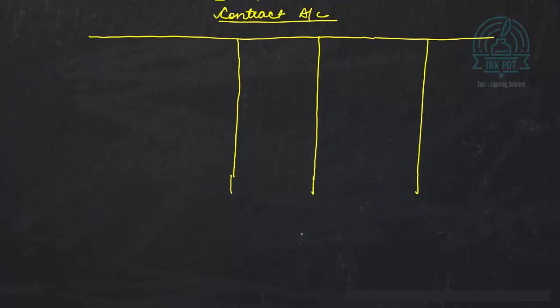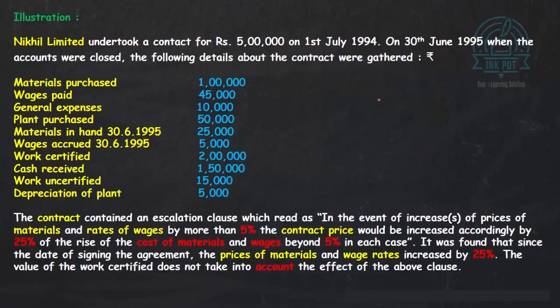This is the journal format. We all know that we have to write work in progress, which includes value of work certified plus the cost of work uncertified. So I'm going to write here, what is the value of work certified?